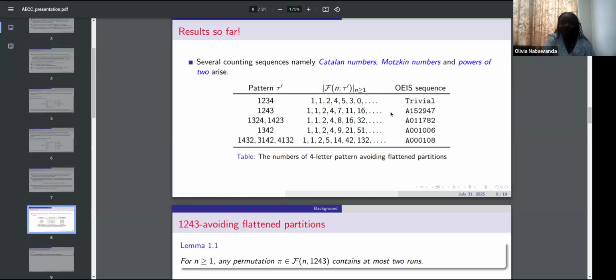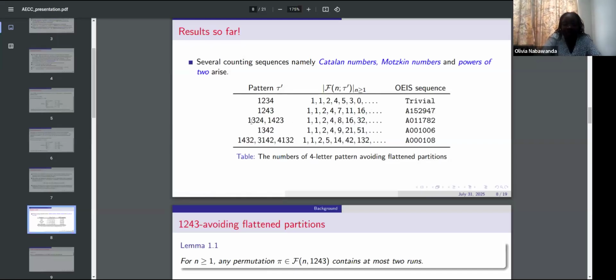And by the time we got it on the OEIS, there was not much that had been discovered about this sequence. And currently, when you try to check, at least there's some work that people are doing and new interpretations are coming up.